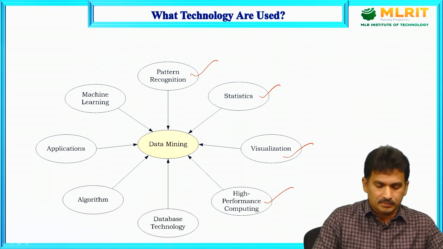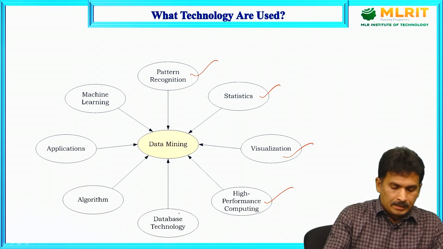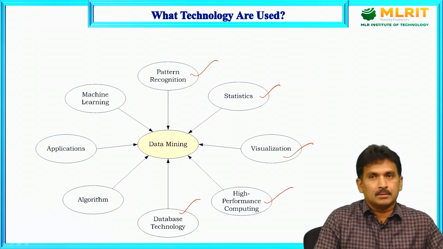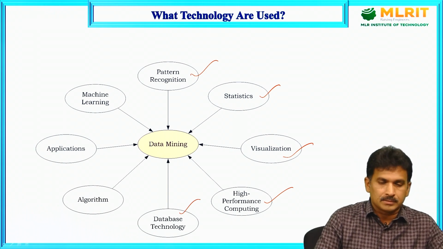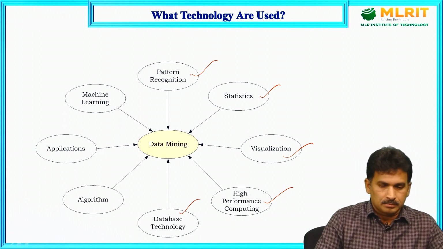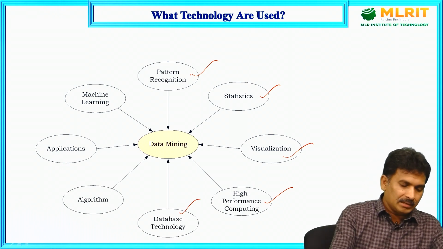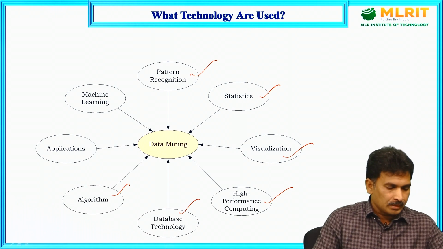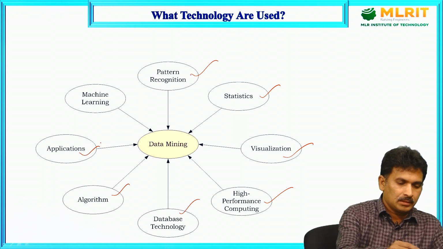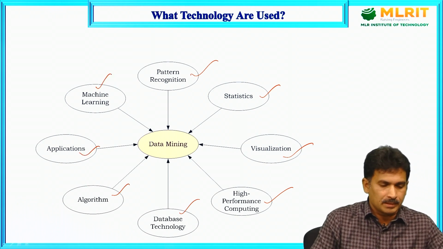We need high performance computing machines. And database technologies, like structured databases such as SQL and unstructured NoSQL databases, and algorithms mainly, and then applications. Machine learning is also going to play a major role.